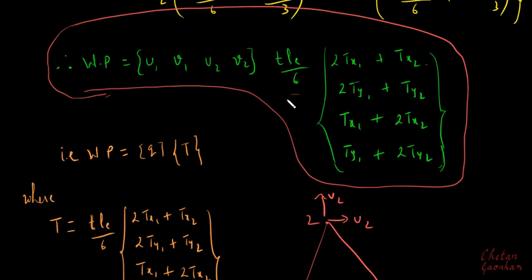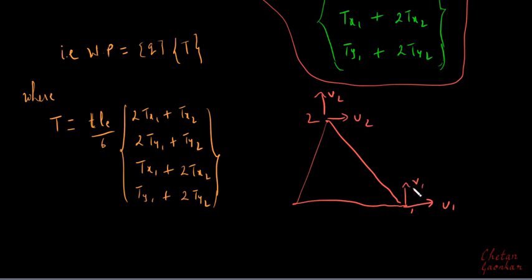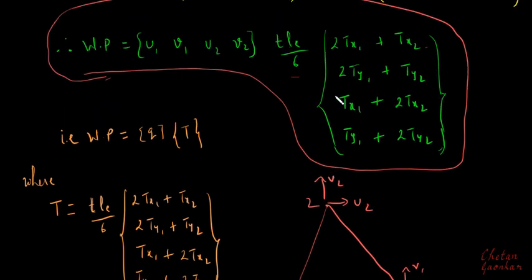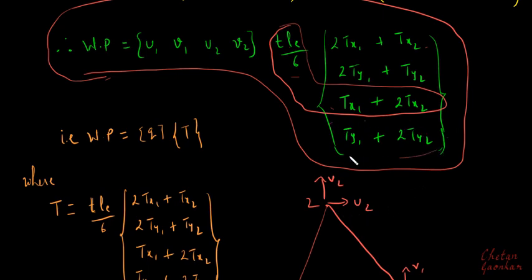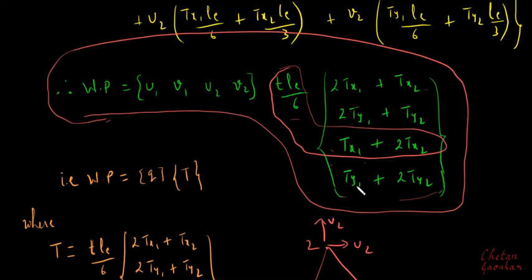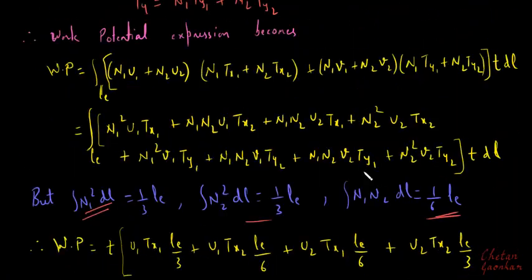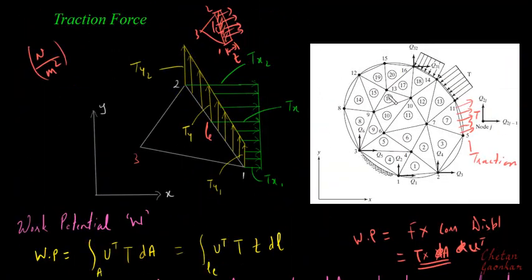Similarly, this will be the component at node 1 in y direction. Then this will be the component at node 2 in x direction, whereas this will be the component at node 2 in y direction. So this is how we can take care of the tractions which are applied at the boundaries.